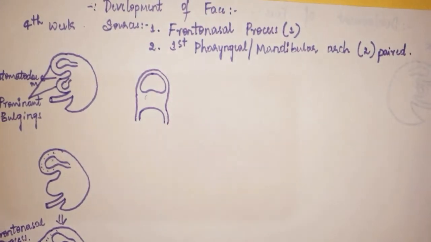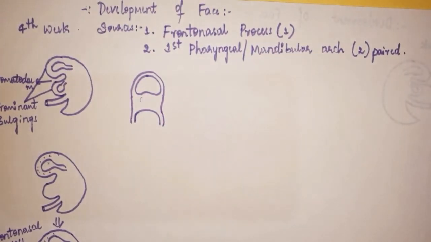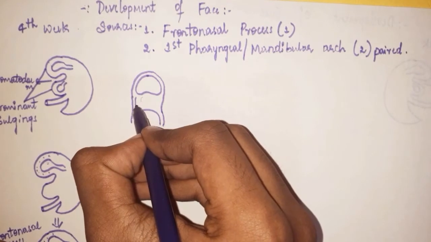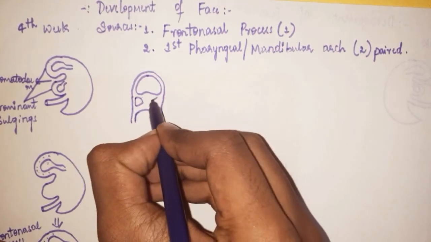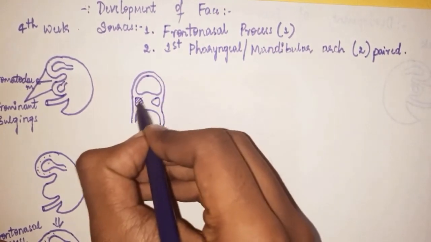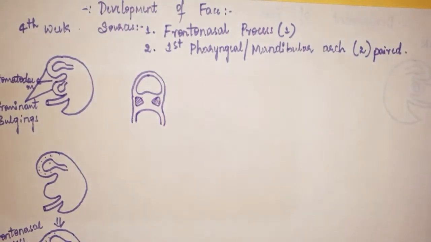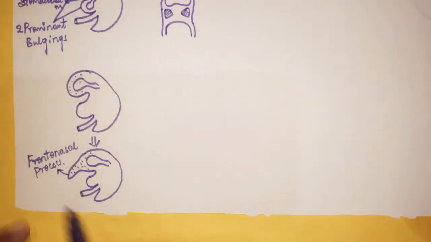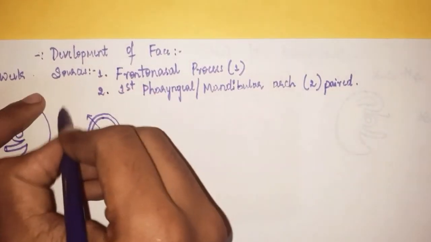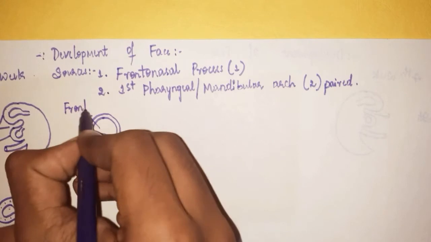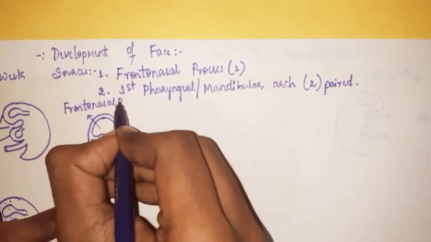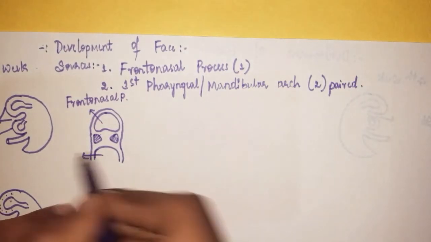On the lateral side of the primitive mouth or stomatodium, the first arch is present. So in the front view, the first arch looks like this. These two are the first arches, the mandibular arches. This is the frontonasal process, and this is the pericardial bulge.